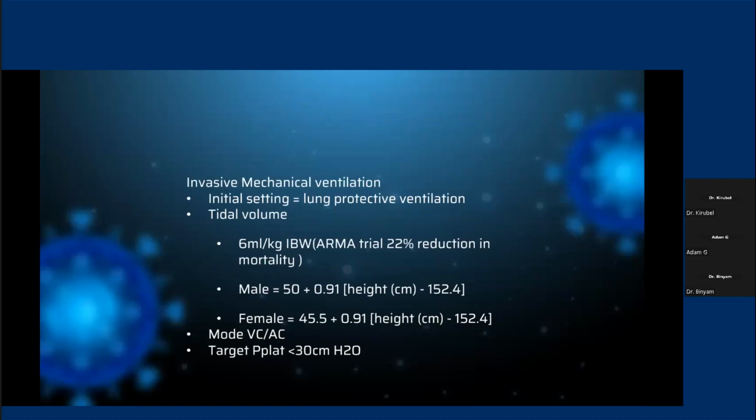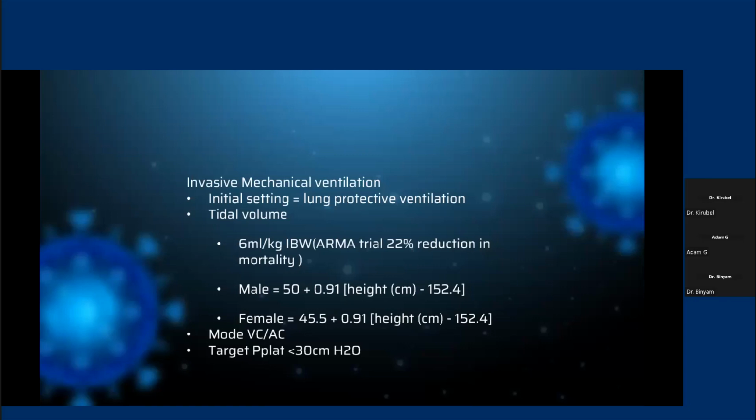So to talk about invasive mechanical ventilation, the initial settings, as you know, are lung protective ventilation. This is the best and proven treatment option for these ARDS patients. The tidal volume is low, 6 ml per kg of ideal body weight. The famous ARMA trial showed us there is a 22% reduction in mortality if you use 6 ml per kg of ideal body weight.